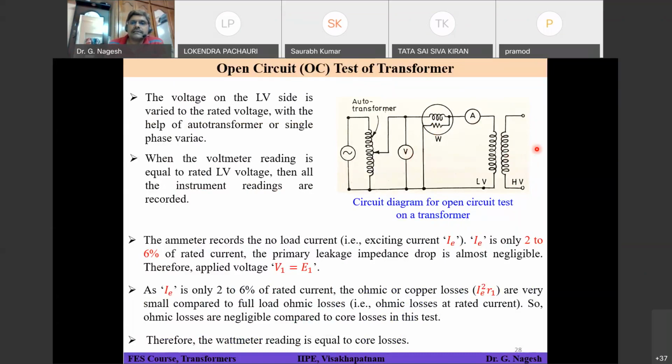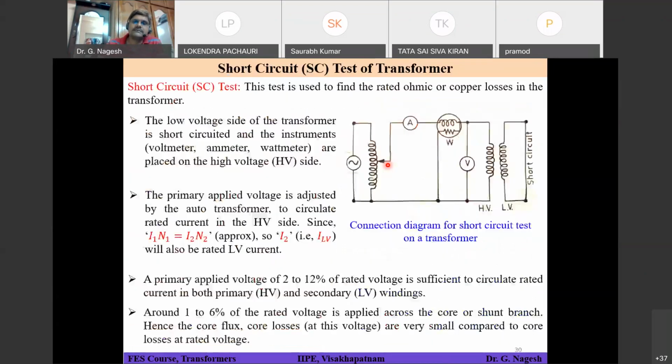But if you connect instruments on the HV side, you have to use a voltmeter of 1000 volts. Working with that voltage level is safe for the person operating it. So the OC test is done with instruments on LV and HV side open circuit, and the short circuit test is done with instruments on HV side and LV short circuit.